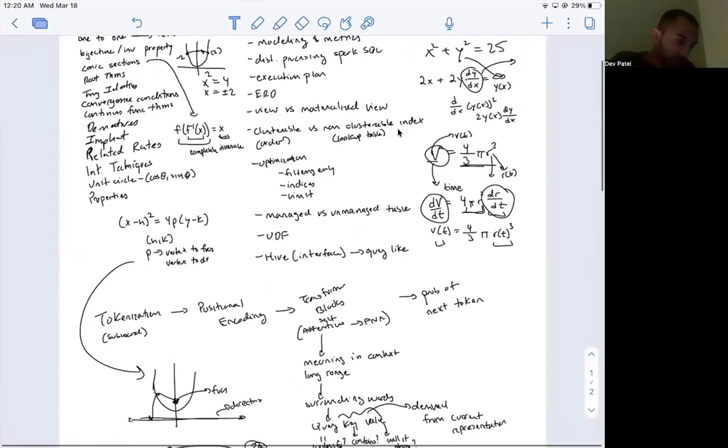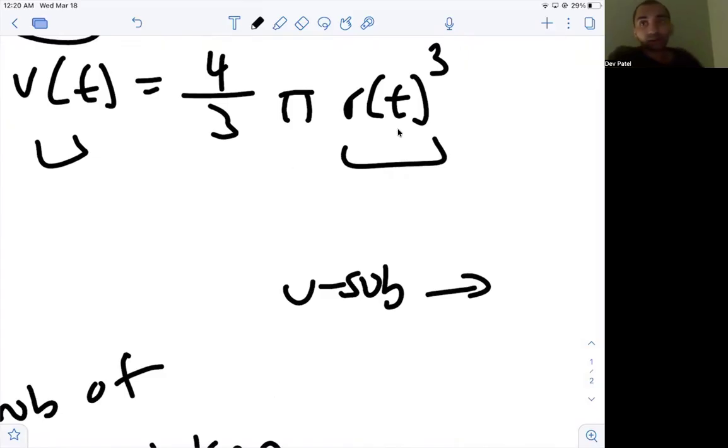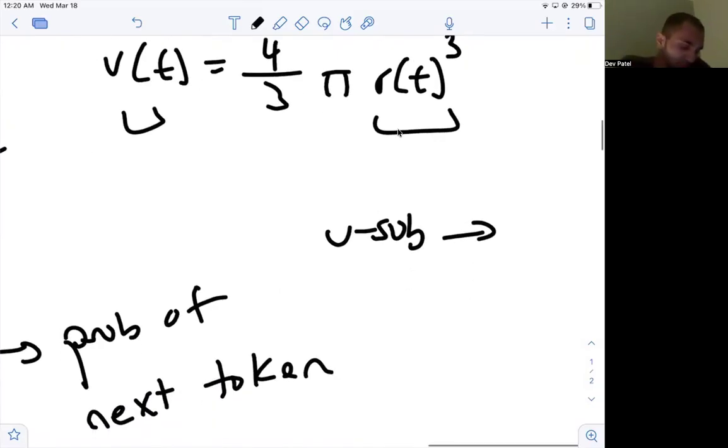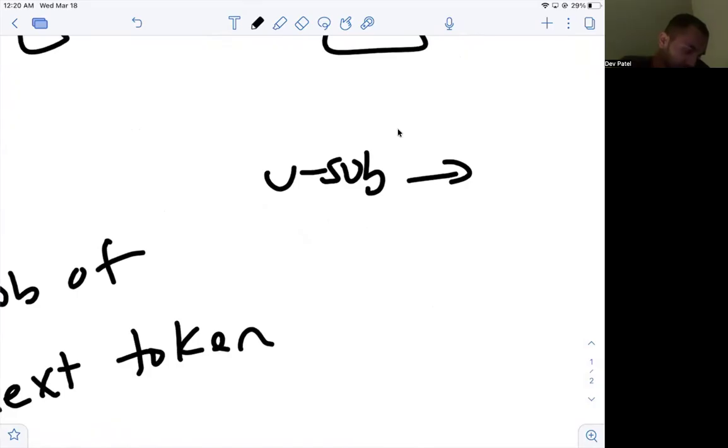Integration techniques. So we have u-substitution and integration by parts. U-sub you use when you take the derivative of the quantity as your u, and that derivative expression is in the integral you're trying to take. For example, we have something like the integral of 2x times x squared dx.